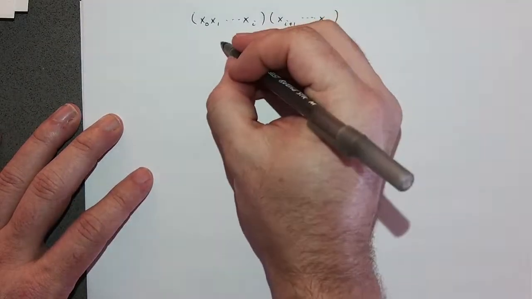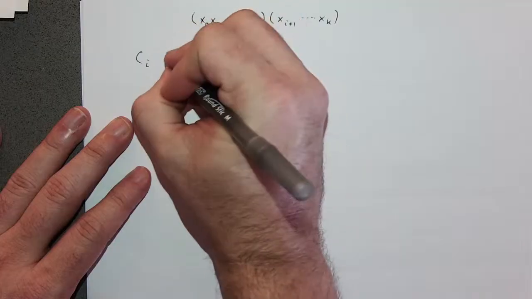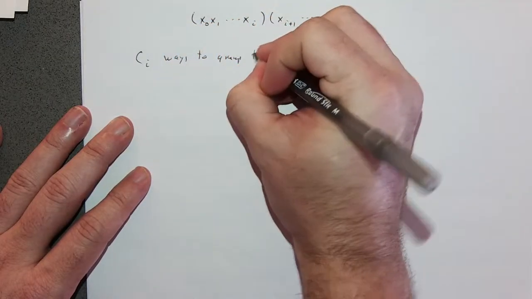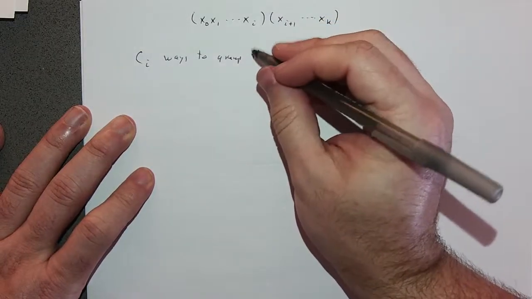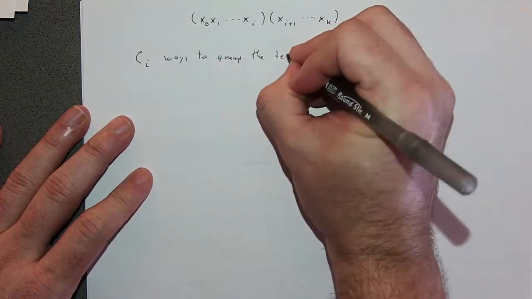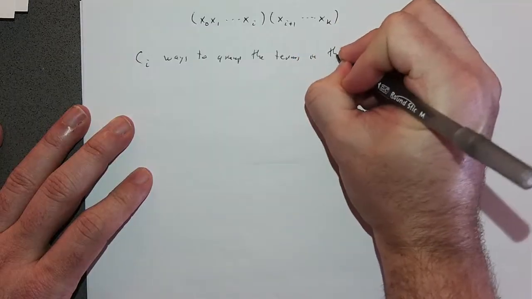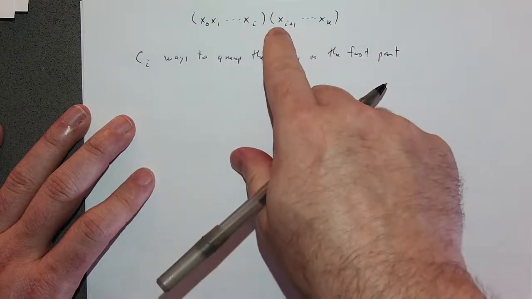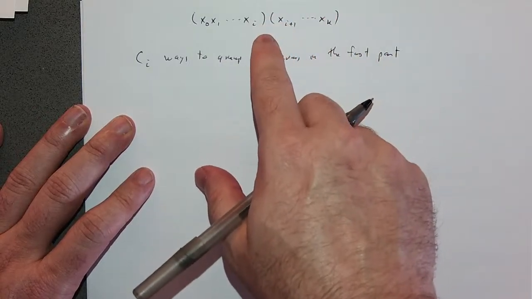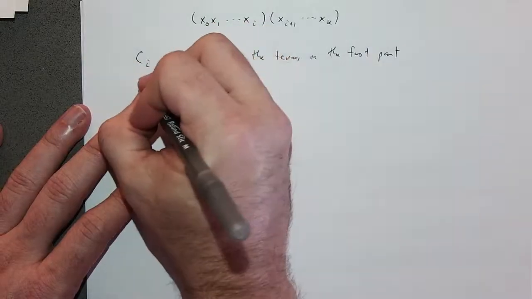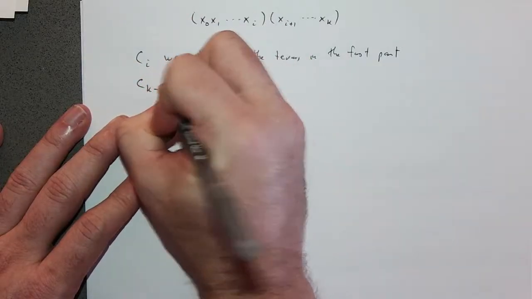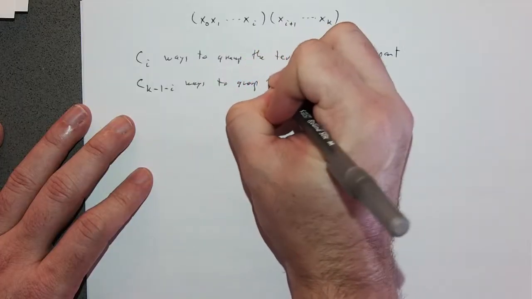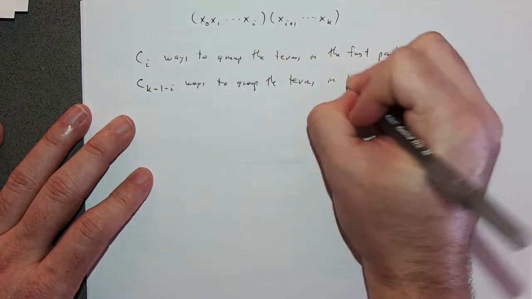There are C sub I ways to group the terms in the first part of the product. And then there's however many remain, which is C sub k minus 1 minus I. Right? So C sub k minus 1 minus I ways to group the terms in the second part.